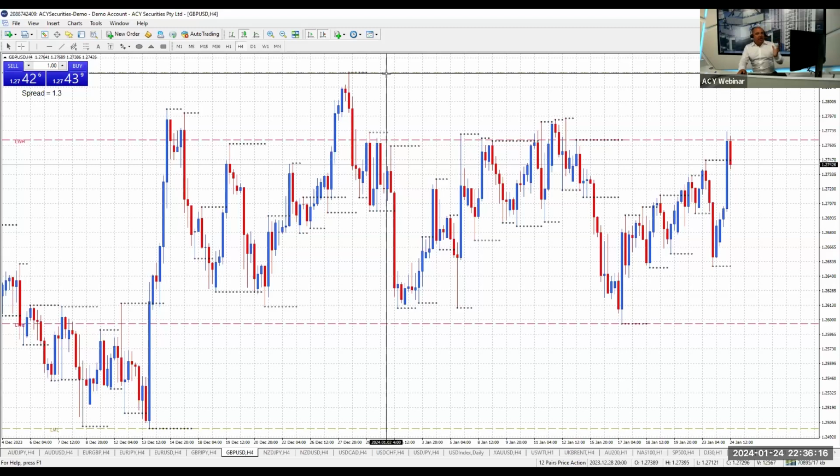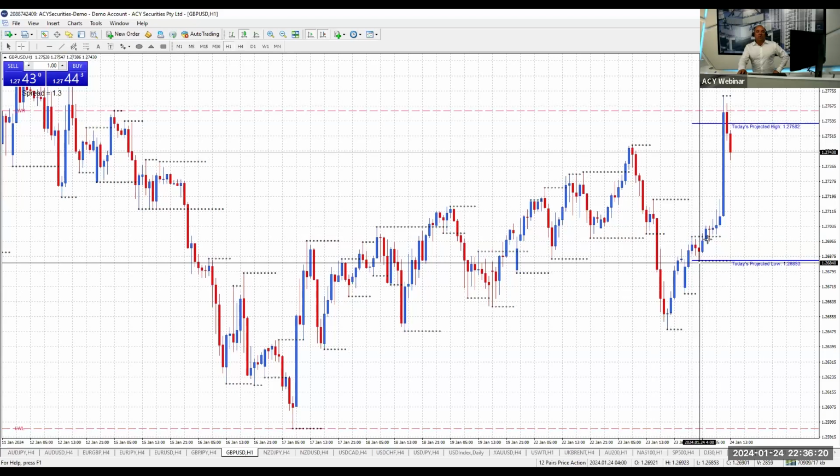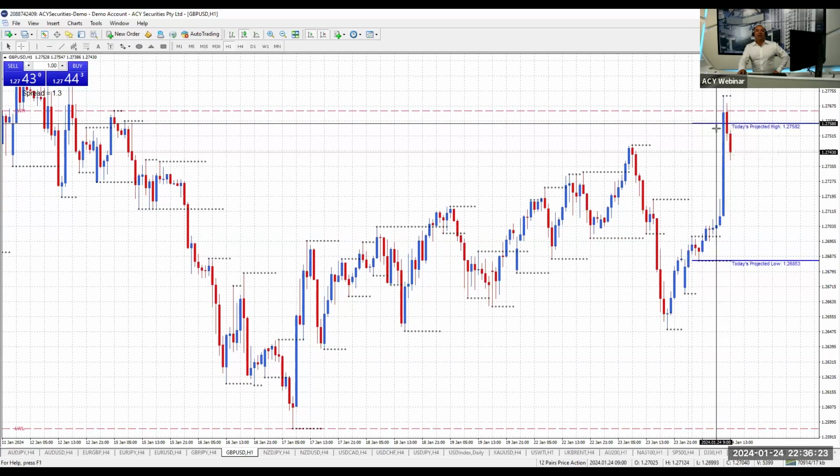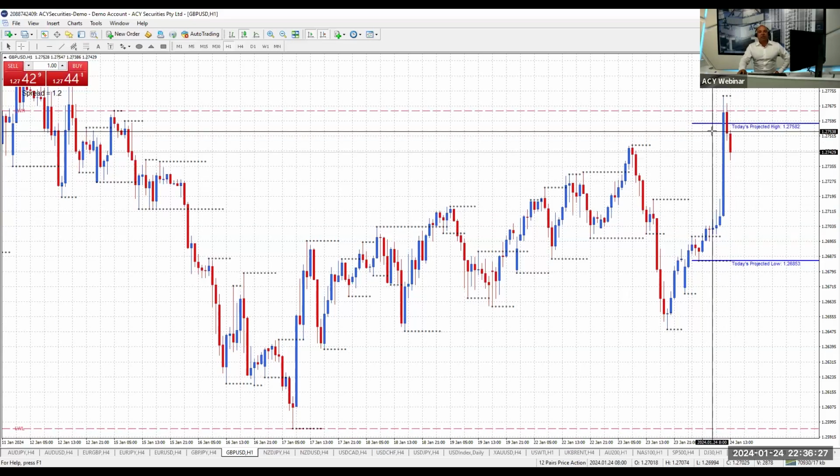The other part that you might use it for too is if I put it on an hourly. So when I'm looking at an hourly chart, watching the market, notice how price on the pound rallied really quickly on the back of good news.